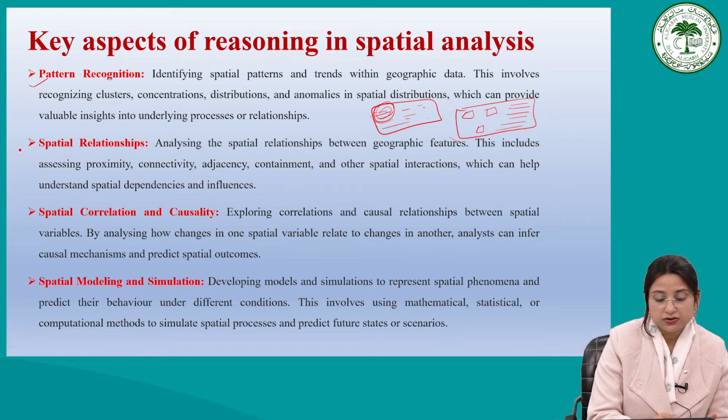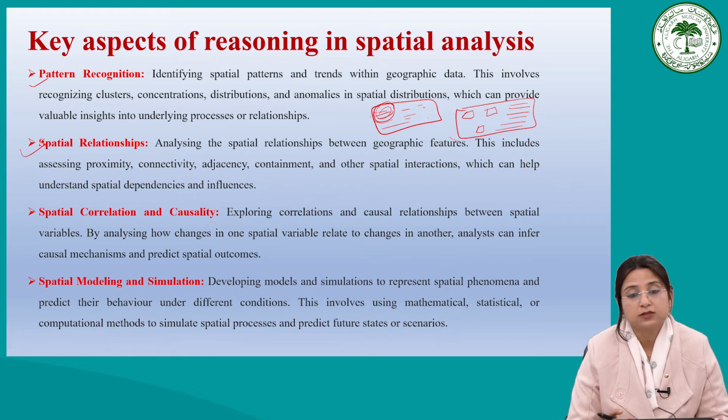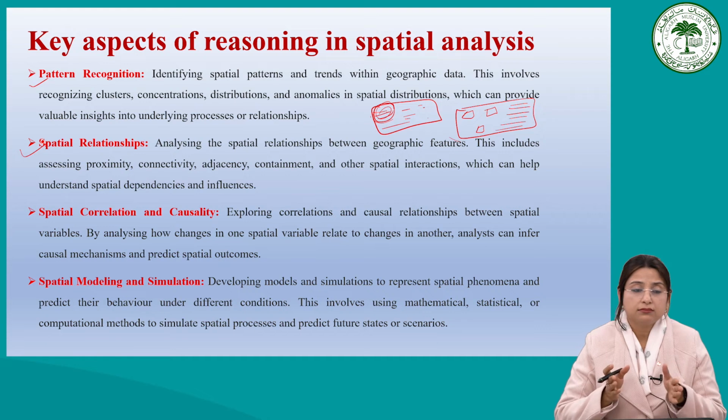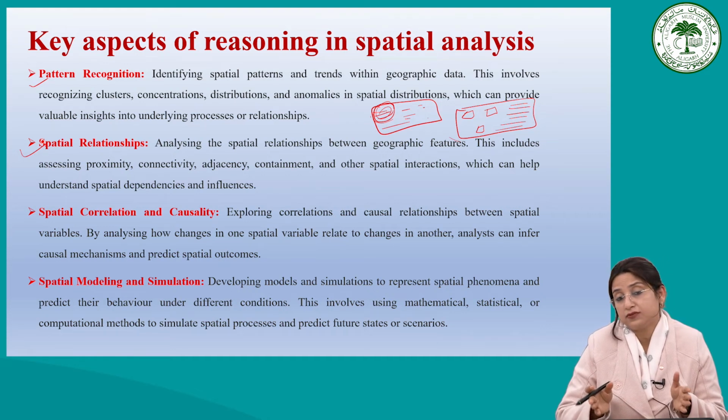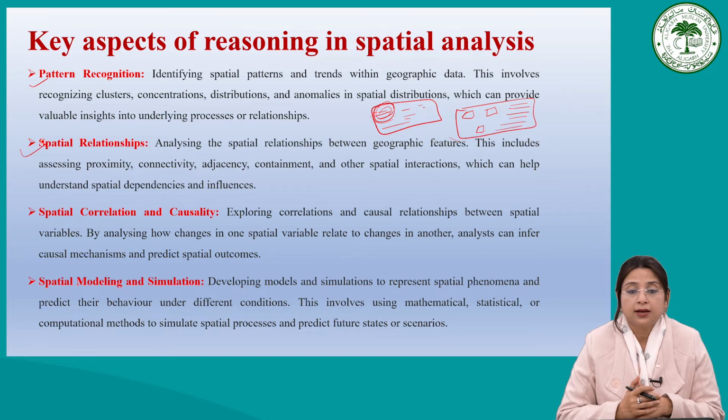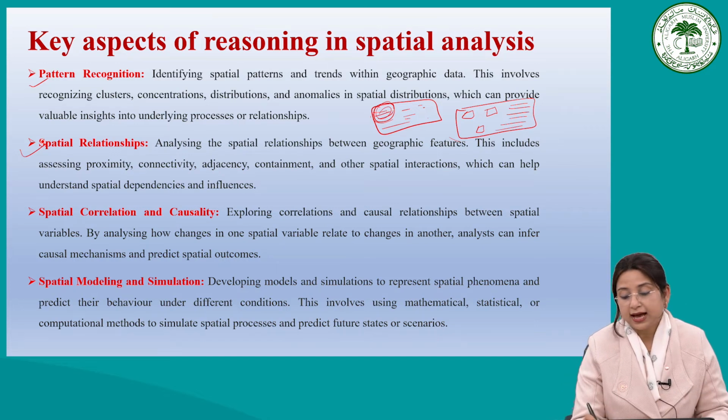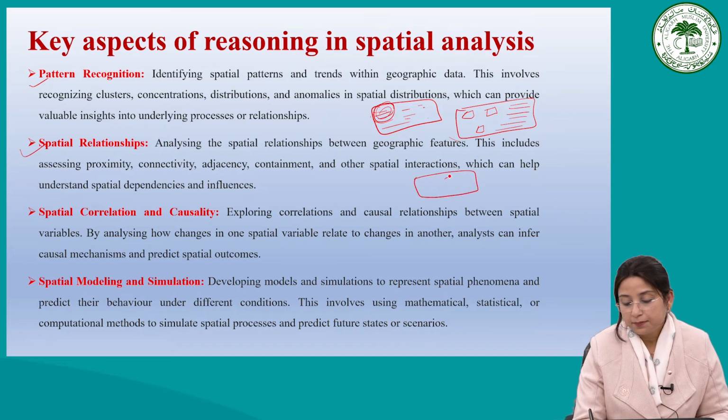Another thing is spatial relationships. When we talk about spatial relationships between geographical entities, is there any type of spatial relationship between them? One example I have given previously: there is a park. Why is there a park in this place? Because here is a school also, and these are residential colonies.